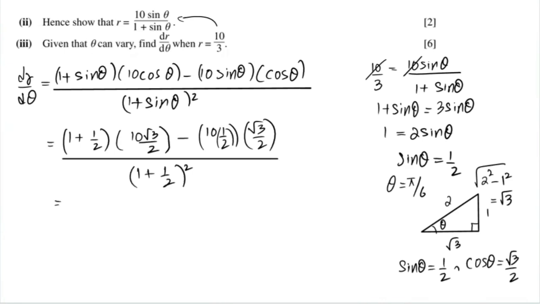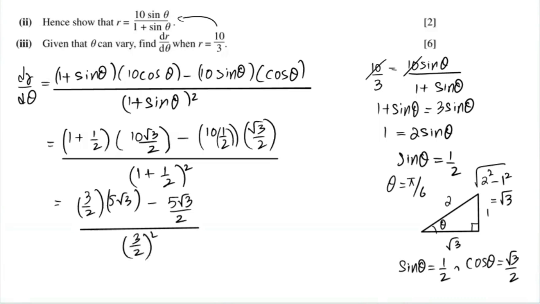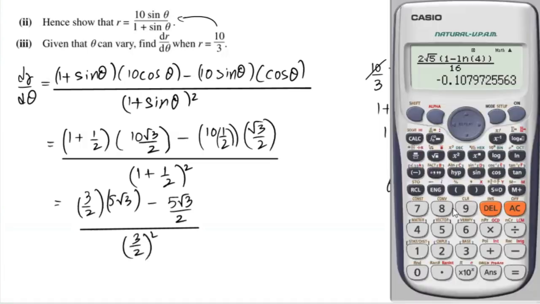This is going to be 3 over 2 and a 5 root 3 minus 5 root 3 over 2, divide the whole thing by 3 over 2 squared. So I can just get its value using a calculator. I was just sharing what can be done if you're stuck somewhere on a non-calculator question. I hope you don't get these kinds of difficult questions in your paper 1, but you never know with advanced mathematics, you often end up somewhere like this.